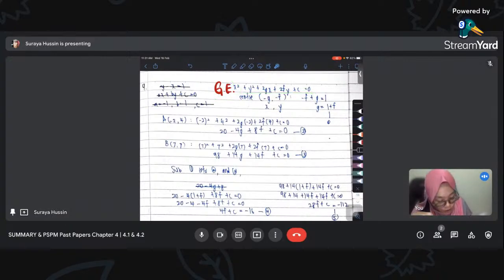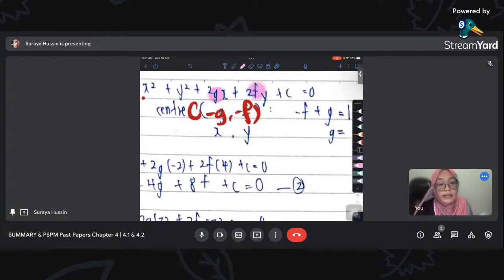Okay, so GE over here, you kena faham kalau you guna GE, you kena pakai center yang ini, yang ada negative G, negative F. You must use it. Sebab apa? Sebab dalam general equation ada huruf G dan huruf F. And so you gotta take account on that.